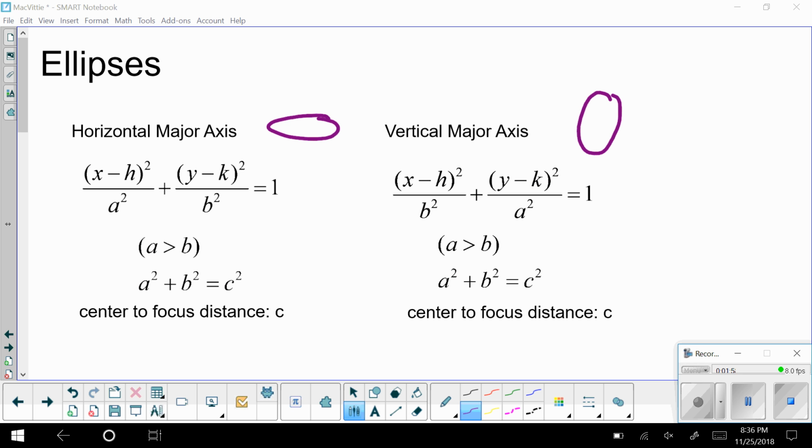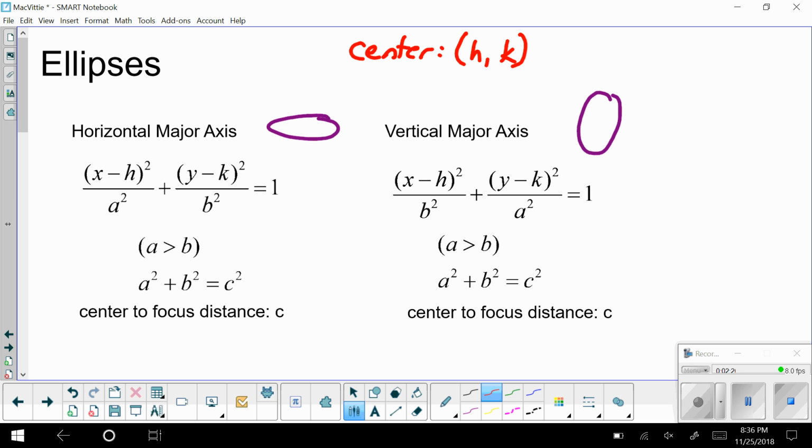So A is referring to the distance from the center, and our centers will again be at h and k, the coordinates, because we're moving x right h, and up k, or left and down if we have different signs for those.